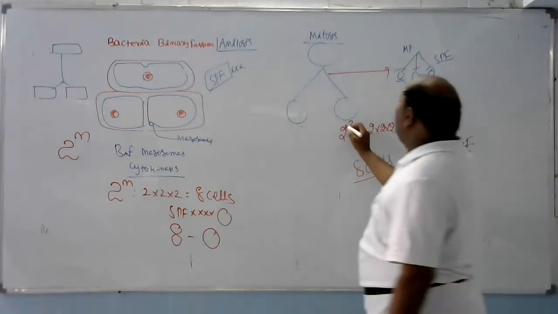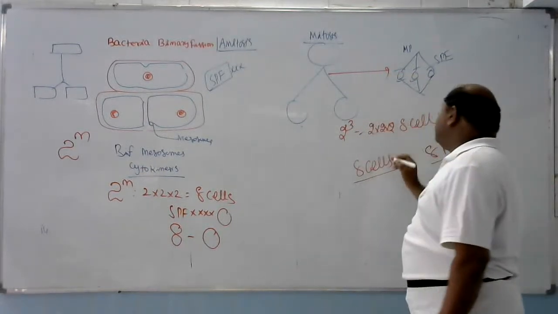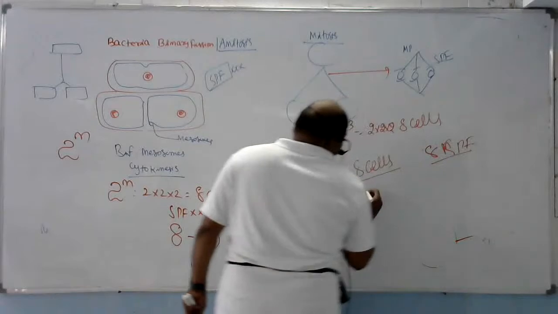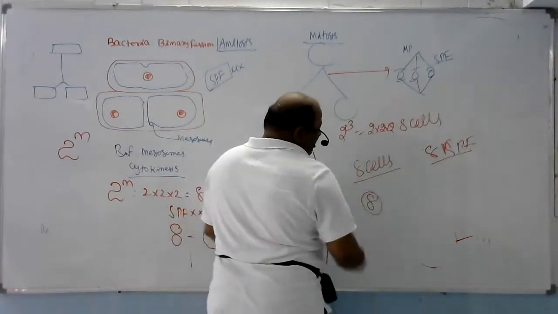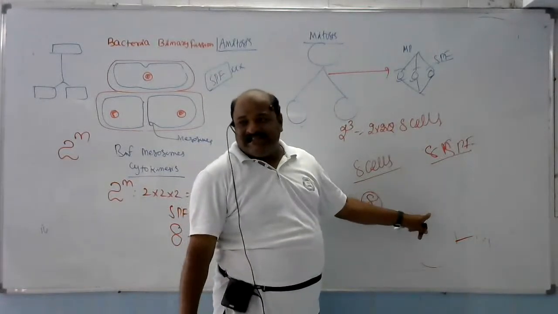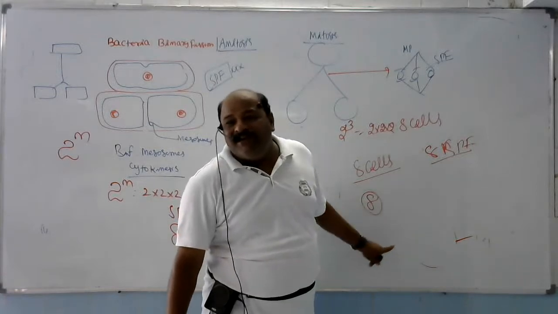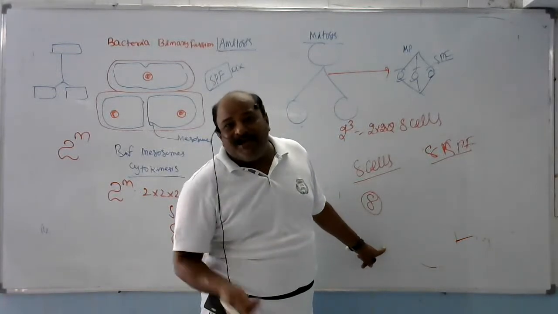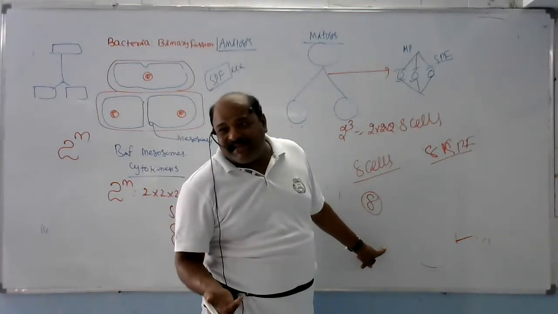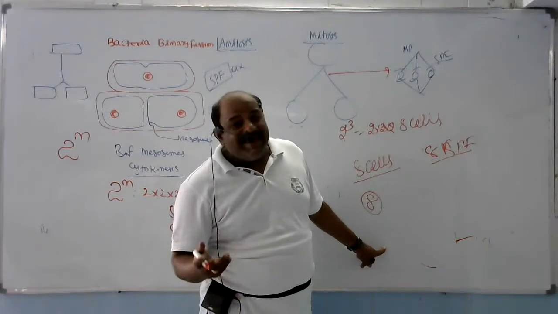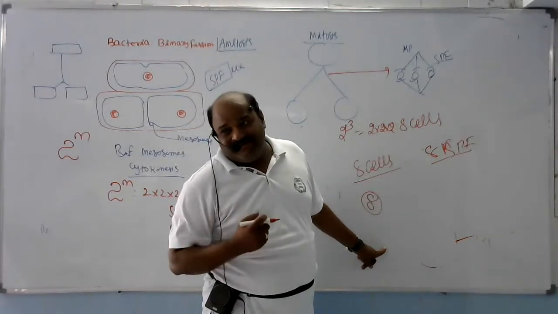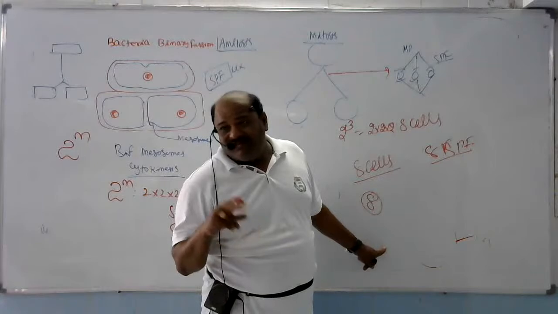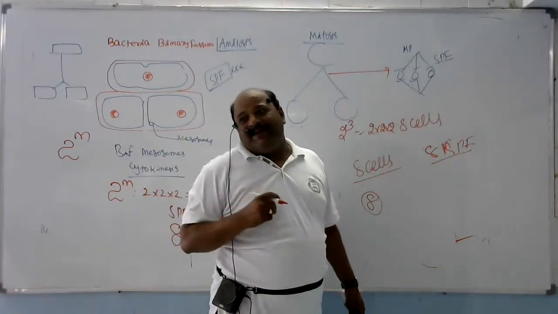How many generations here? For example, how many cells are formed here? 8 cells are formed. To form those 8 cells, how many mitotic divisions take place? What is the formula? N minus 1. So 8 minus 1 means 7 mitotic divisions.